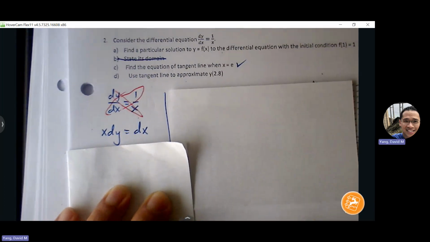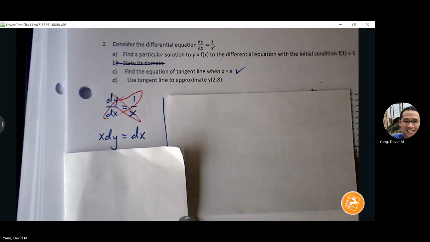Okay, so we start off with cross multiplying. I have x dy equals dx.